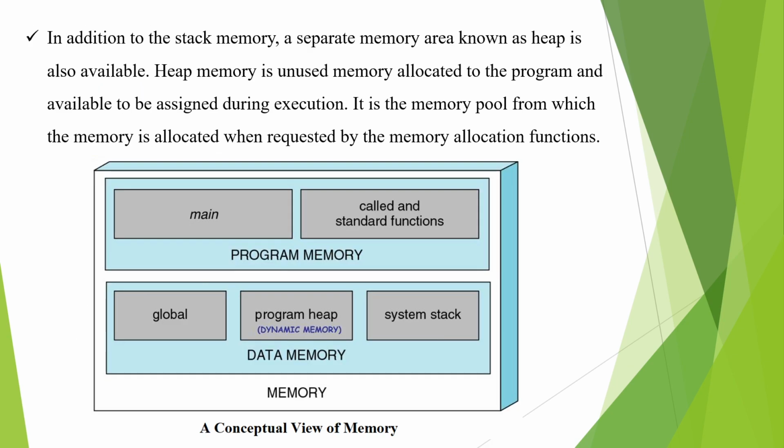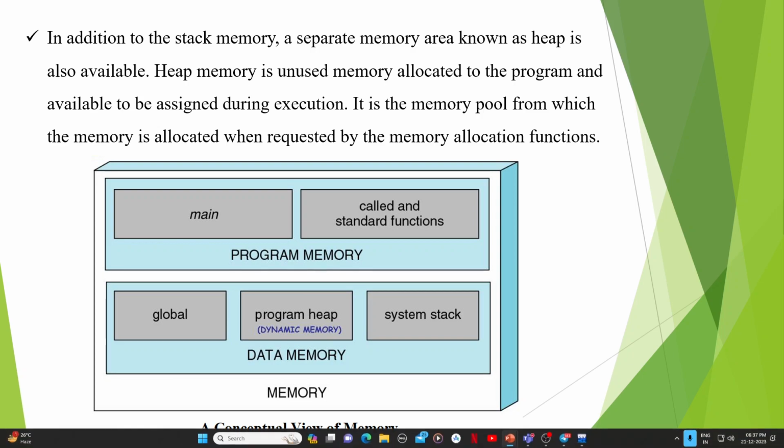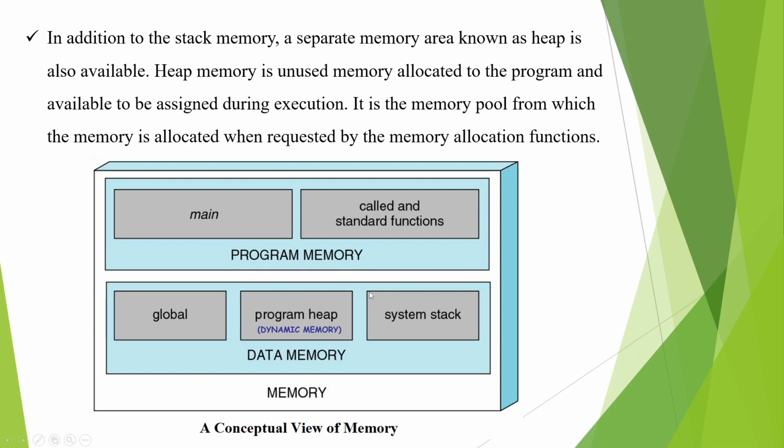Here we have the memory allocation. You can see our conceptual view of memory, whatever memory is allocated to our program. We have the program heap and the system stack. On the stack, all the local variables will be stored, and on the heap, the dynamically allocated memory will be stored.